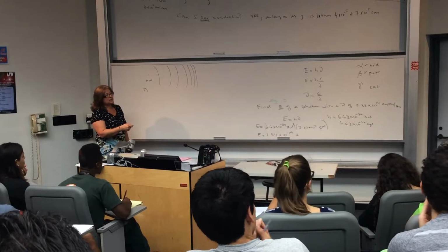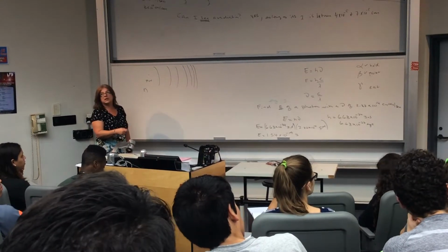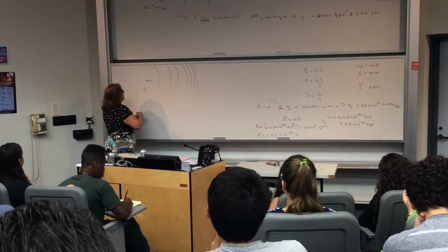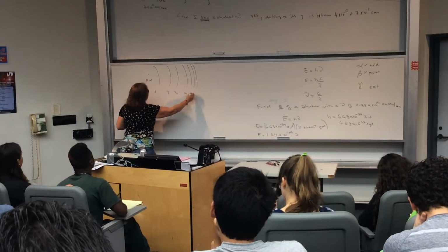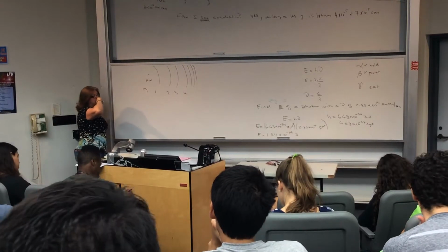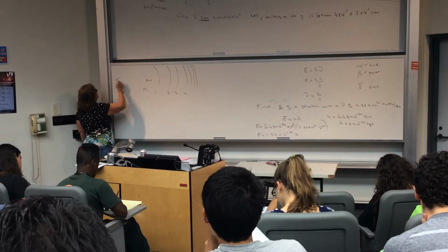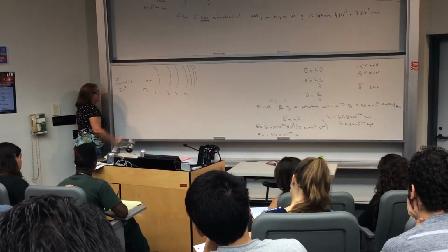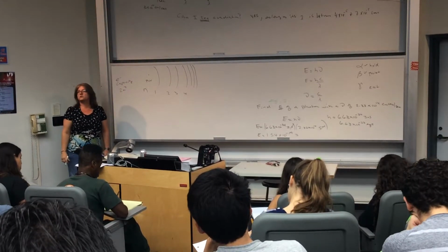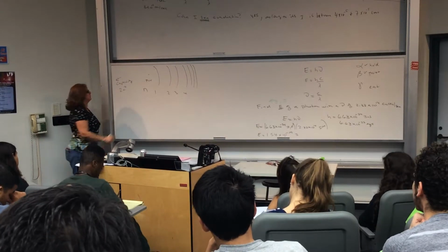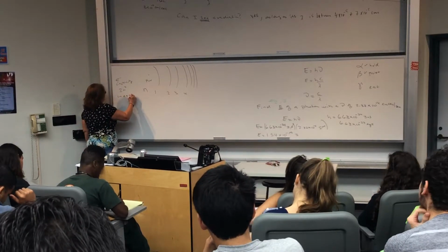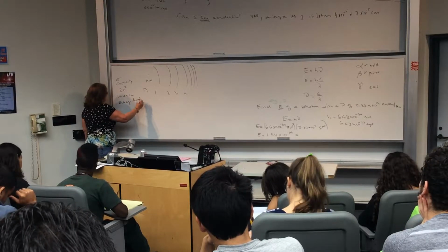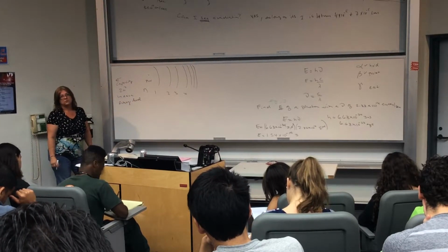So when we're filling electrons, you're actually filling them according to energy levels. The capacity for electrons in the energy levels 1, 2, 3, 4, etc. is 2n squared. That's how many electrons fill each energy level.